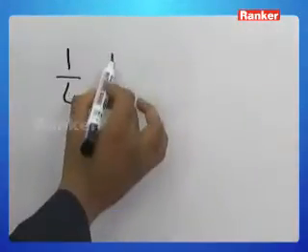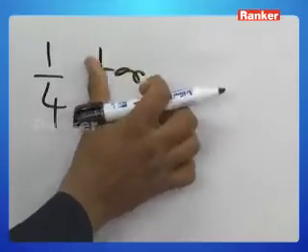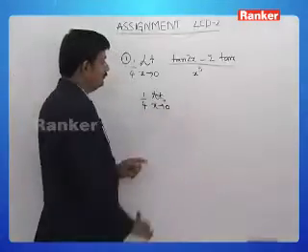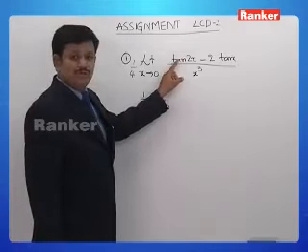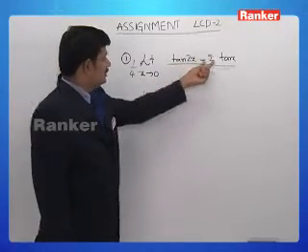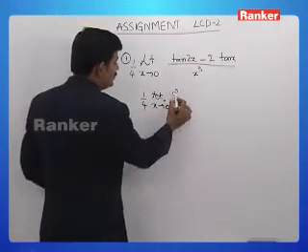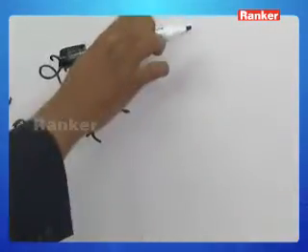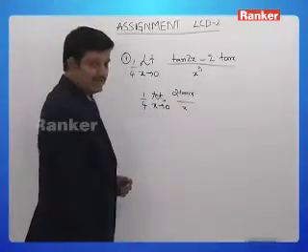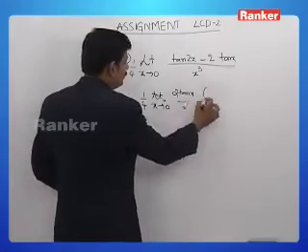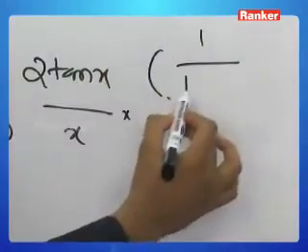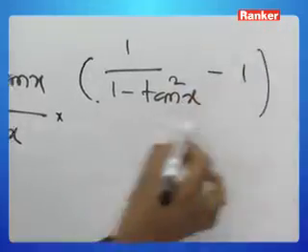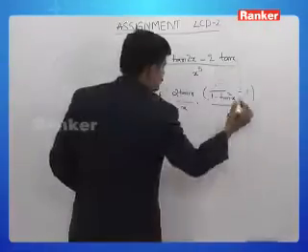This limit is 1 by 4, limit x tending to 0. Tan 2x, we will write it as 2 tan x by 1 minus tan square x, and 2 tan x can be taken common from the numerator. 2 tan x by, I will lend one x from the denominator to 2 tan x into, we are left with 1 by 1 minus tan square x minus 1 divided by x square.